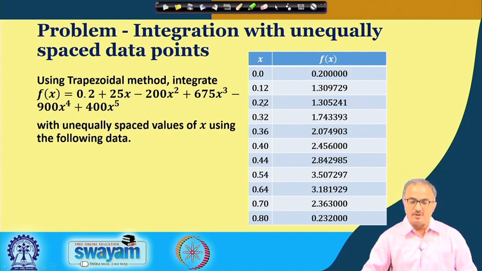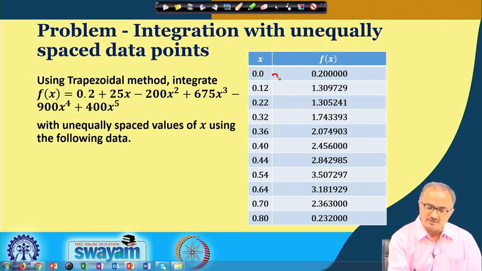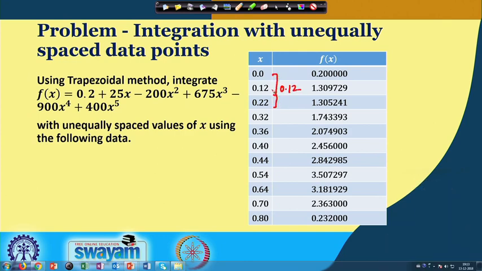For example, between these 2 points this interval is 0.12, between these 2 points this interval is 0.10, and so on and so forth. Okay. And here it is 0.14. Okay. So like that you see.